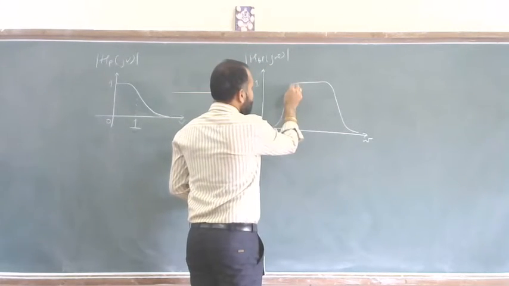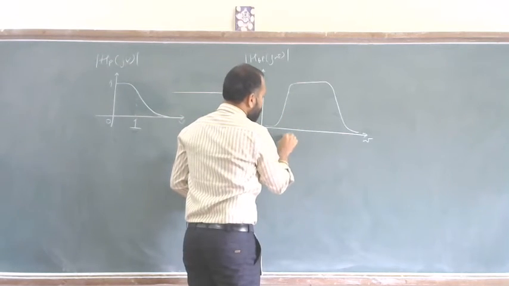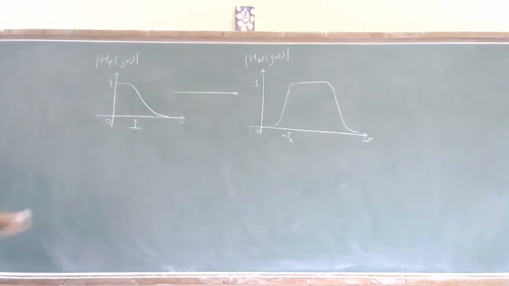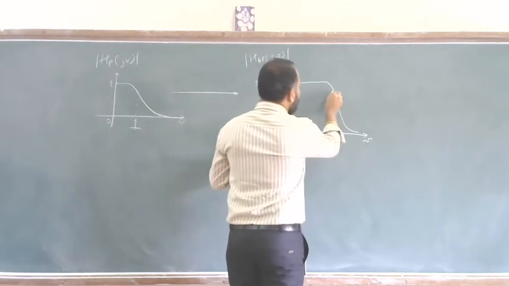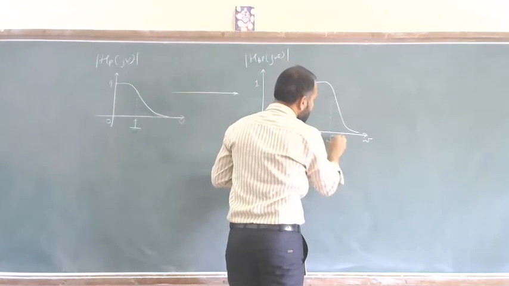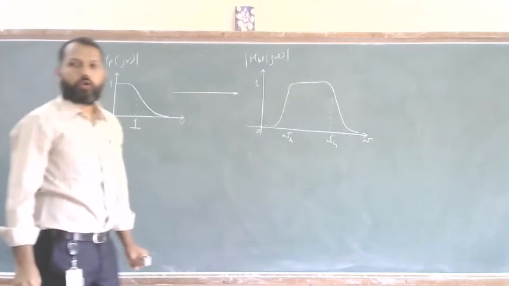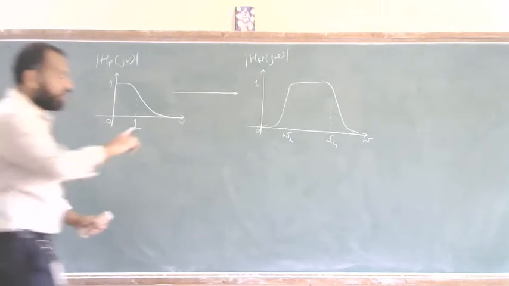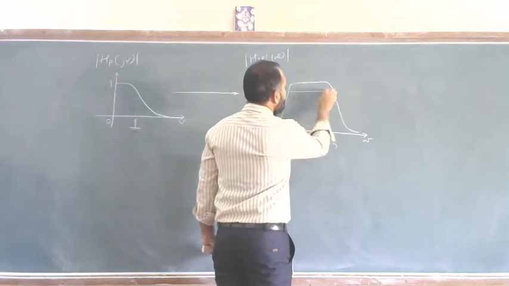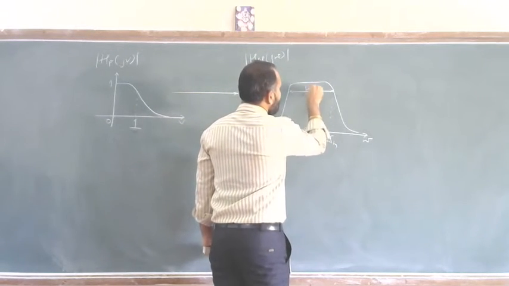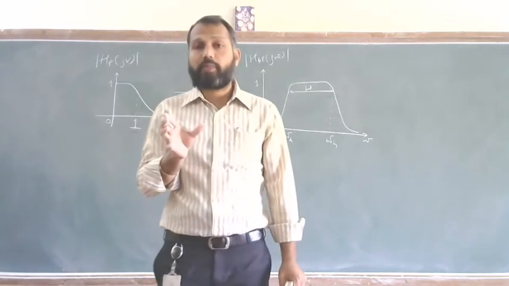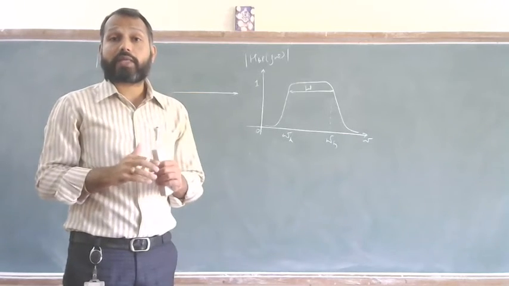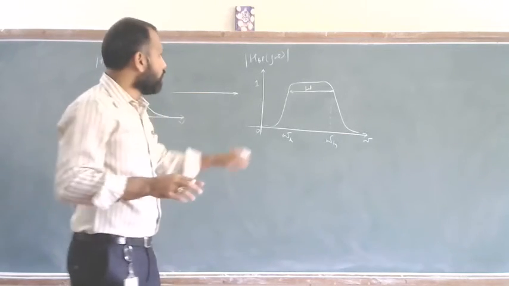Okay, so here the lower cutoff frequency is represented by omega subscript L, and the higher cutoff frequency is represented by omega subscript H. And the width of the passband will be denoted by W, which will be referred to as the bandwidth of the bandpass filter.